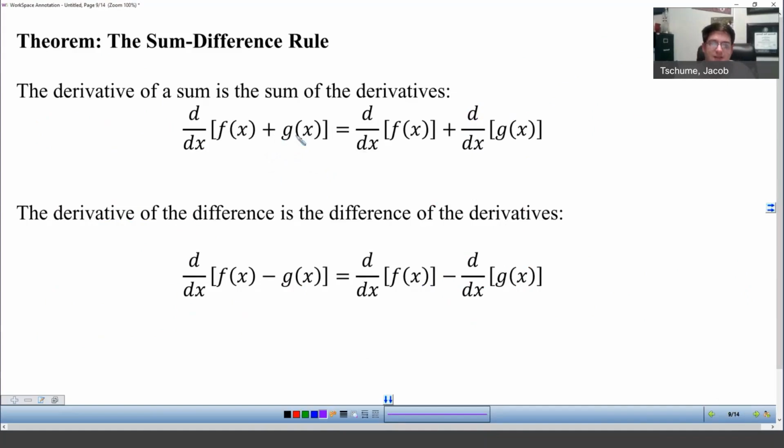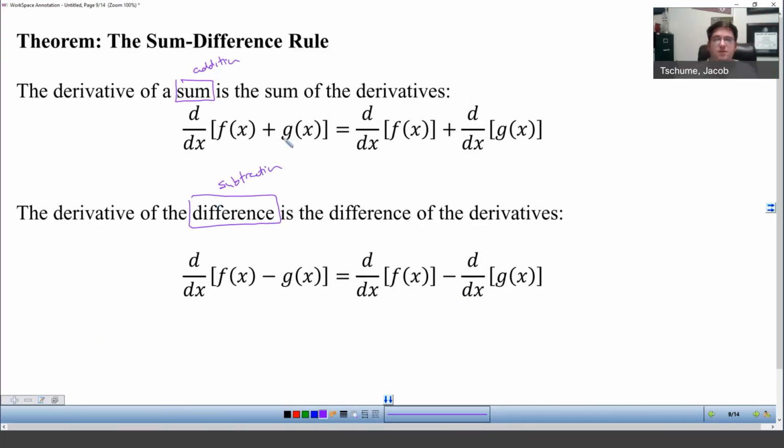If you are taking the derivative of either the sum or difference of functions. So remember, if you don't recall, sum means addition and difference means subtraction. If your two functions are either being added together or subtracted from one another, that says we can take the derivative of everything individually.